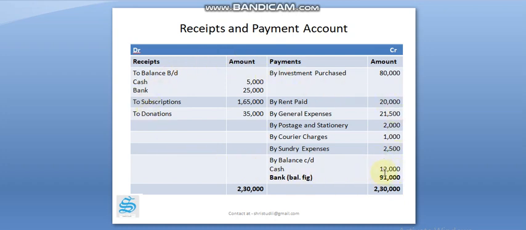After putting all these figures, we will total the debit side, that is the receipt side of the account, which amounts to 2,30,000. Now we will total the payment side and subtract it from 2,30,000, and the balancing figure will be the closing bank balance, which amounts to 91,000.